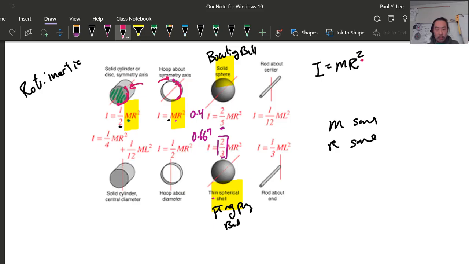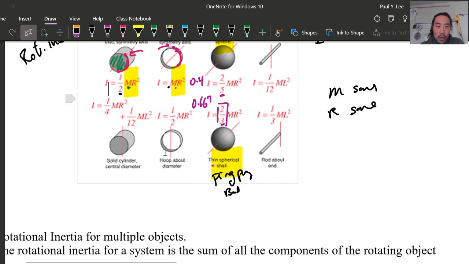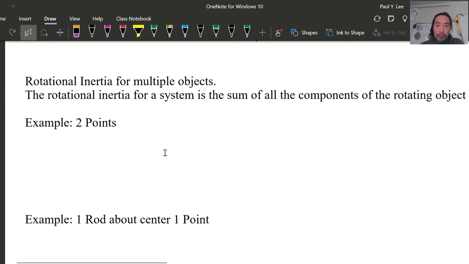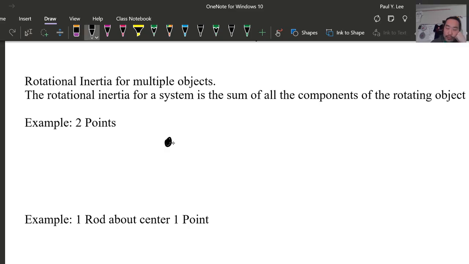All right, and the very last thing I want to go into is rotational inertia for multiple objects. If you are given a situation where they don't give you the I for that specific situation, you are expected to figure out the rotational inertia. So let's say we have 2 points along this horizontal axis.